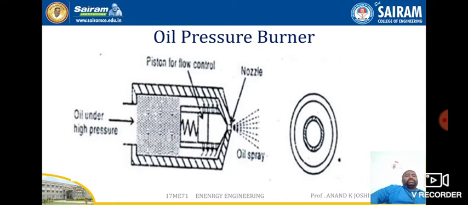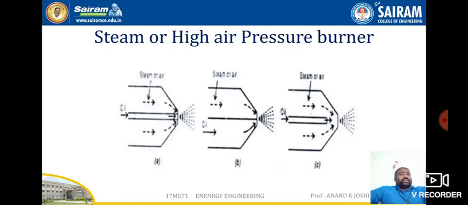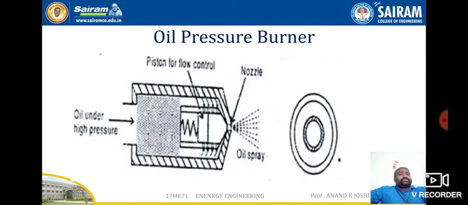So this is how the oil pressure burner works.